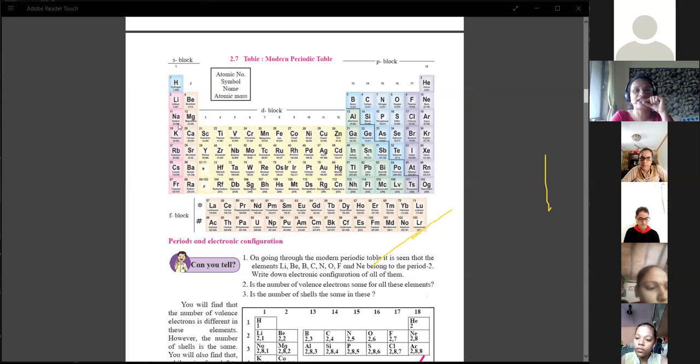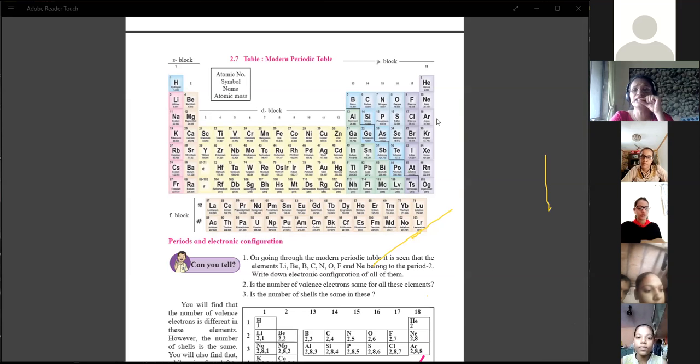On the left-hand side, sodium, magnesium and aluminium are metals. Then non-metals: phosphorus, sulfur, chlorine, argon. They are non-metals.